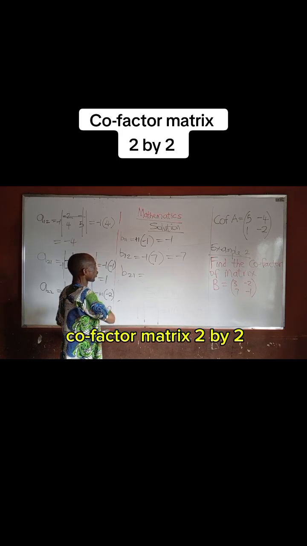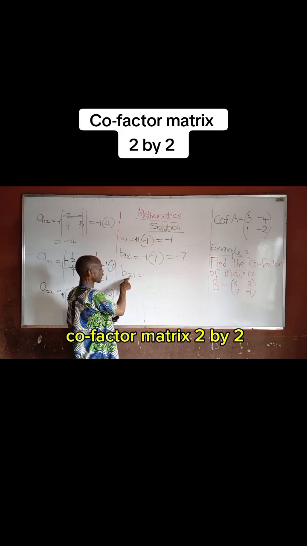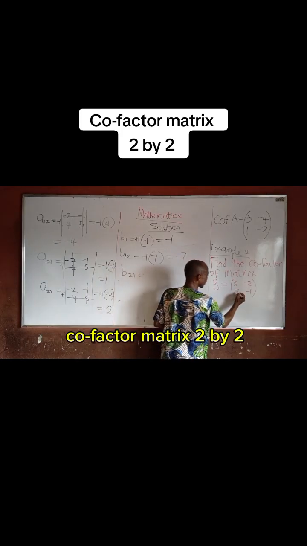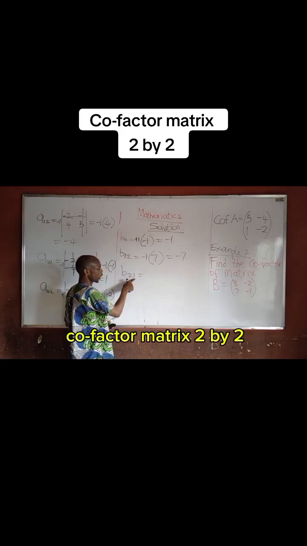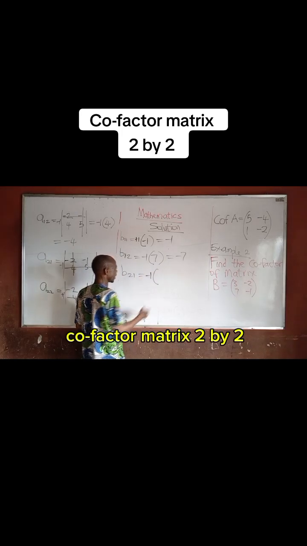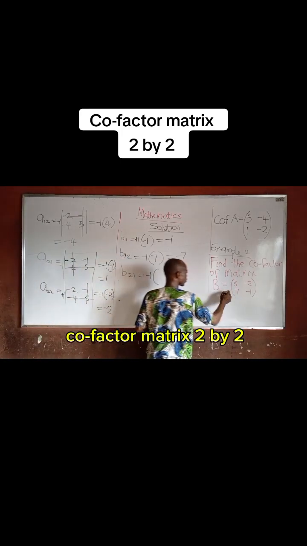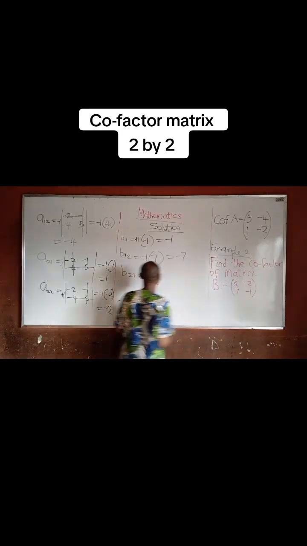Then B21. We are closing the second row and first column. 2 plus 1 is 3, so it is the same minus because it's negative. When we close the second row and the first column, what are we going to have left? Minus 2.